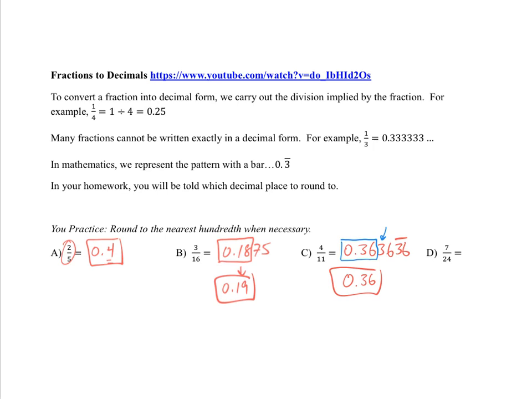For the last example here, we have 7 divided by 24, which is 0.29166, and I'm guessing the 6's go on forever after that. But again, we're looking for the first two decimal places, and since the next decimal place is less than 5, we do not round up. 0.29 will be the answer.